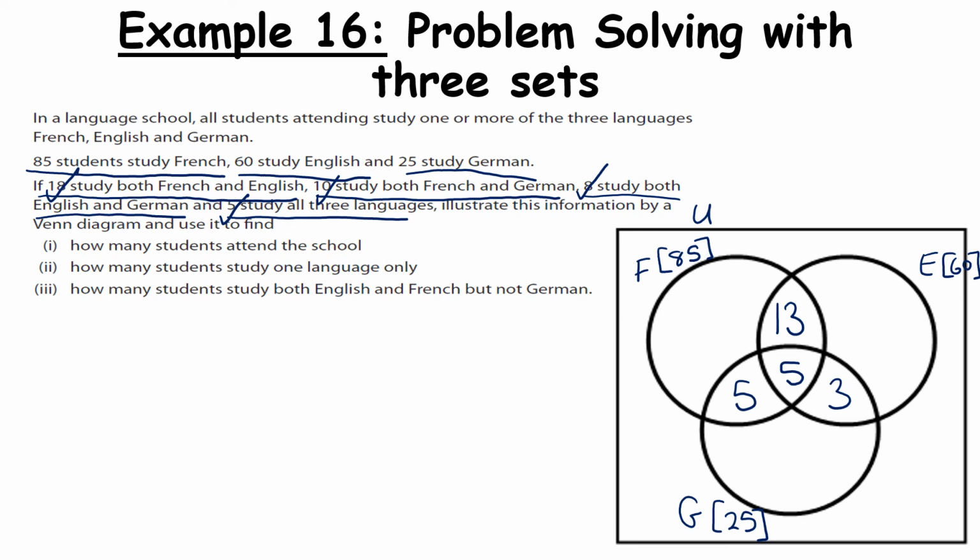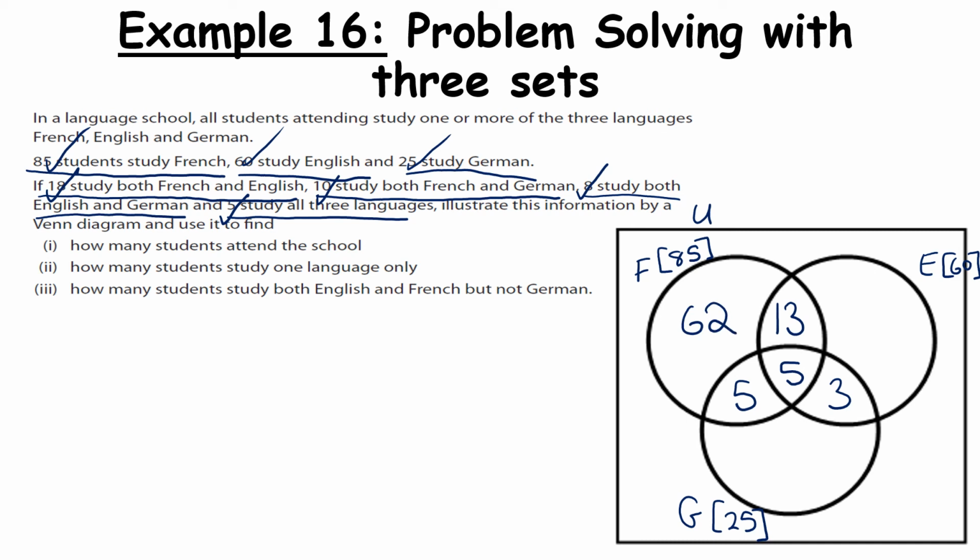Now we're able to use the fact of 85, 60, and 25 to figure out what goes in each of the sections. So for French, we have 85 in total, but we've already filled in 13, 5, and 5. So that's 23. So taking away 23 leaves us with 62.